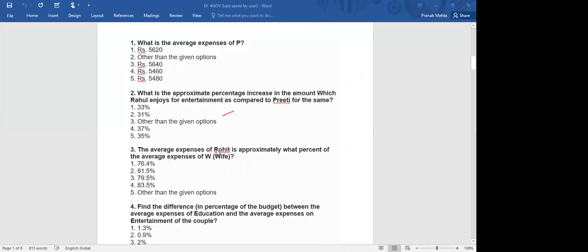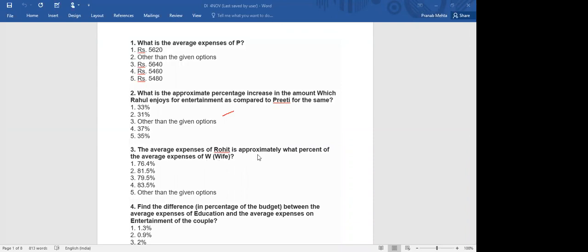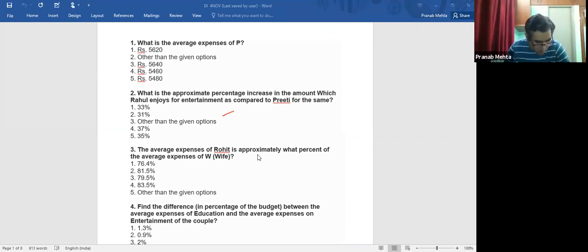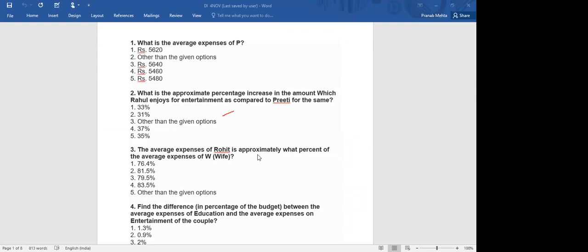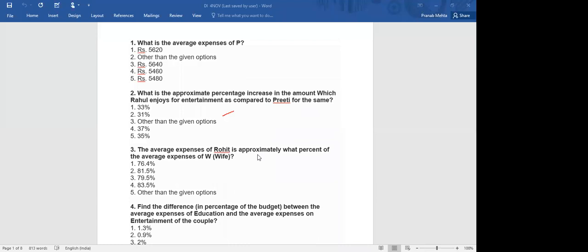We are talking about the average expense of Rohit, which is approximately what percent of the average expense of wife? Why are you people making mistakes? Rohit's total expense is 20,750.